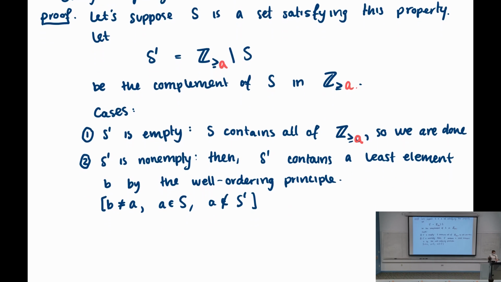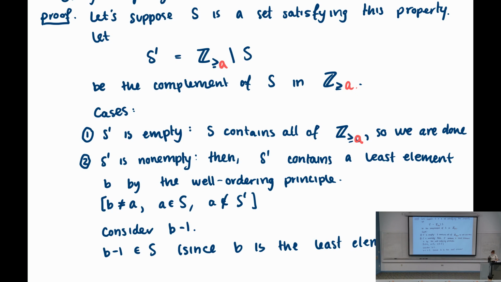So let's consider B minus 1. So we selected B using the well-ordering principle. So that means that B is the smallest element of S prime. So that means that B minus 1 must in fact be an element of S, since B is the least element of S prime.